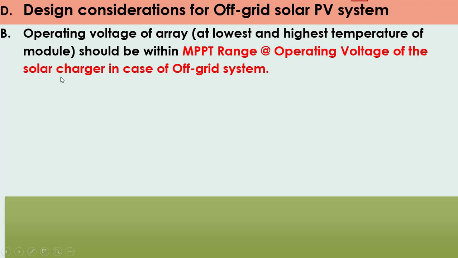Look at this. Here we are talking about the solar charger, and of course the solar charger will either be separate or built in within the inverter. This is in the case of an off-grid system.